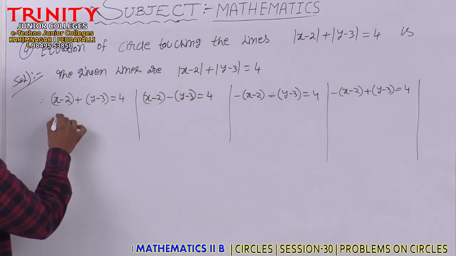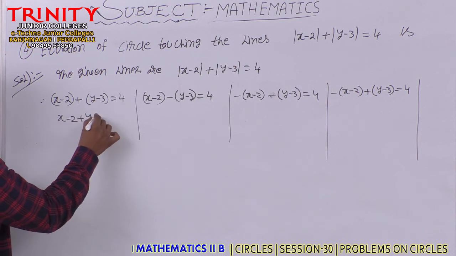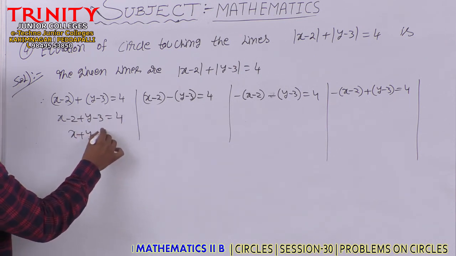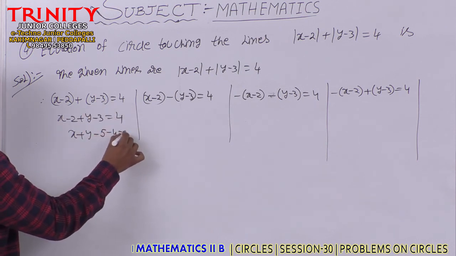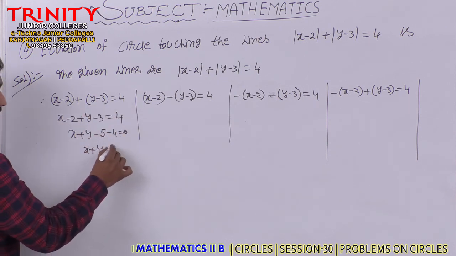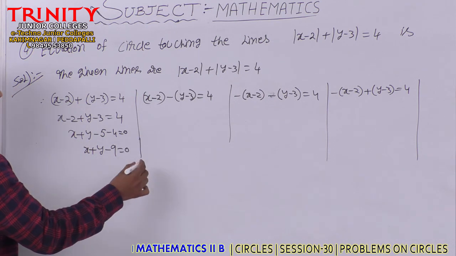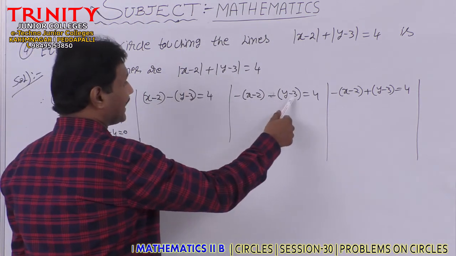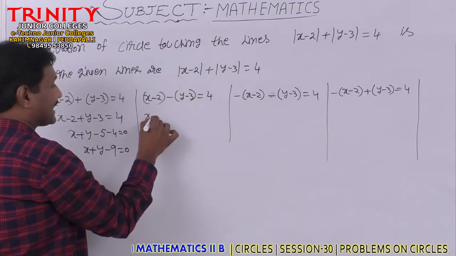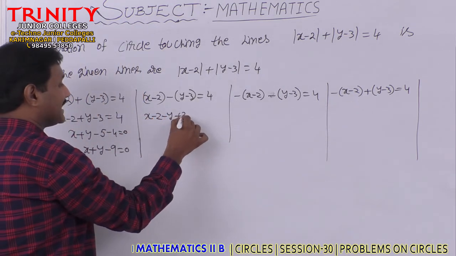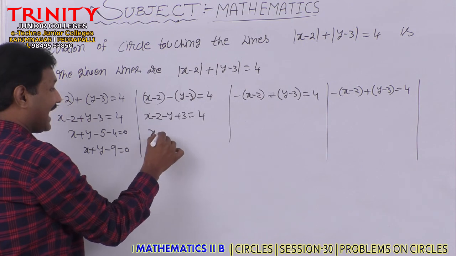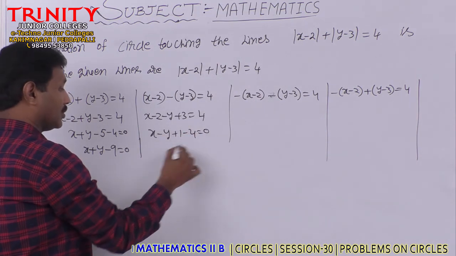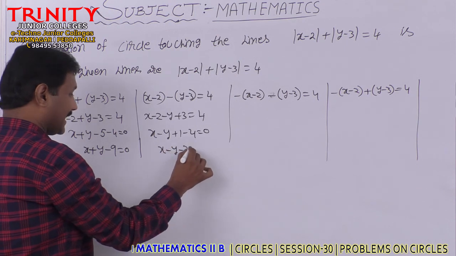The first line is x minus 2 plus y minus 3 equal to 4, that is x plus y minus 5 minus 4 equal to 0, so x plus y minus 9 equal to 0. Next, x minus 2 minus y plus 3 equal to 4, that is x minus y plus 1 minus 4 equal to 0, so x minus y minus 3 equal to 0.